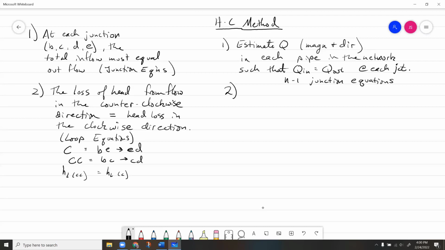And then we will use our loop equations, which is that head loss equation on the first loop that we're interested in. And what that gives us is you're solving for the head loss counterclockwise.